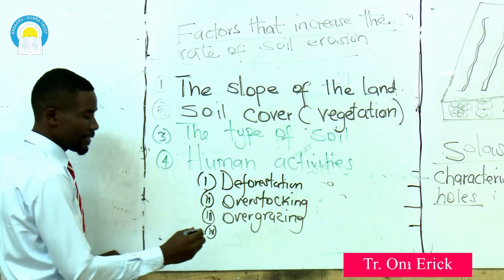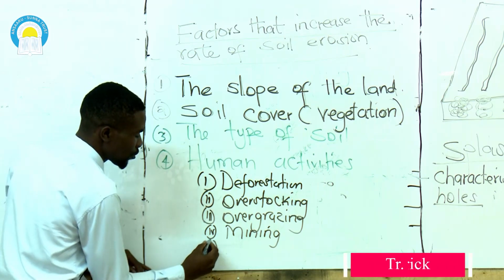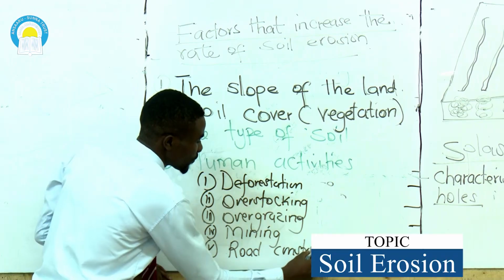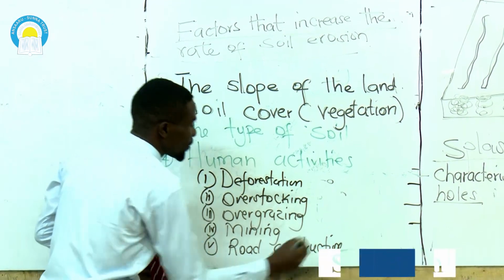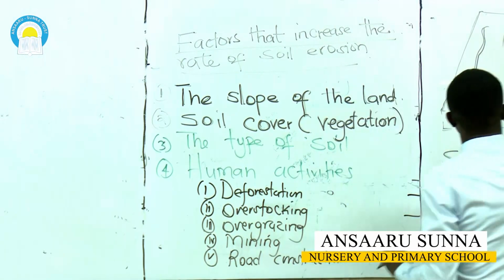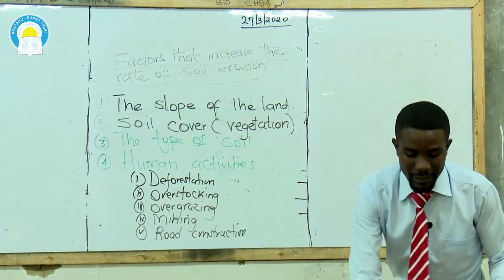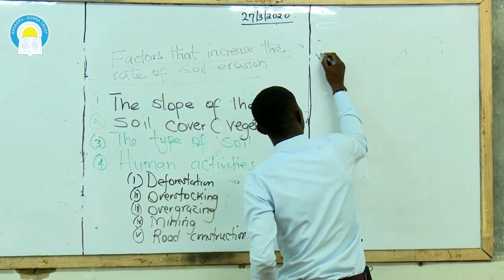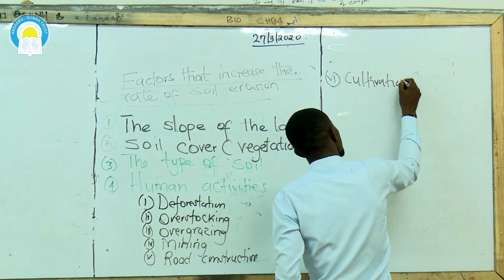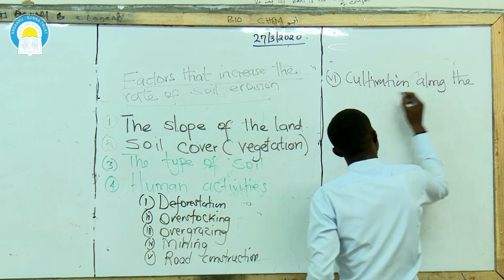We have got mining, road constructions, we also have cultivating. Number 6, cultivation along the slope.